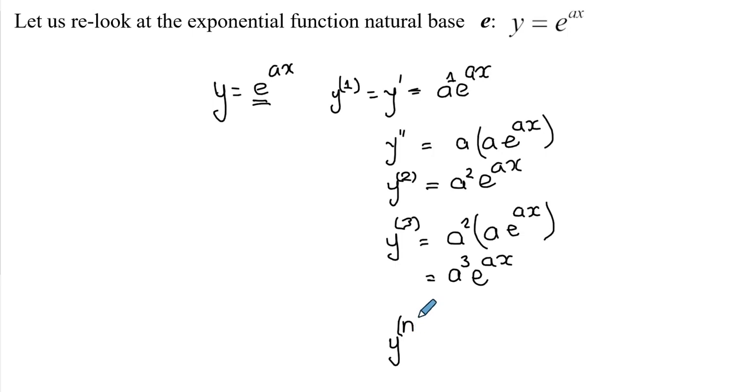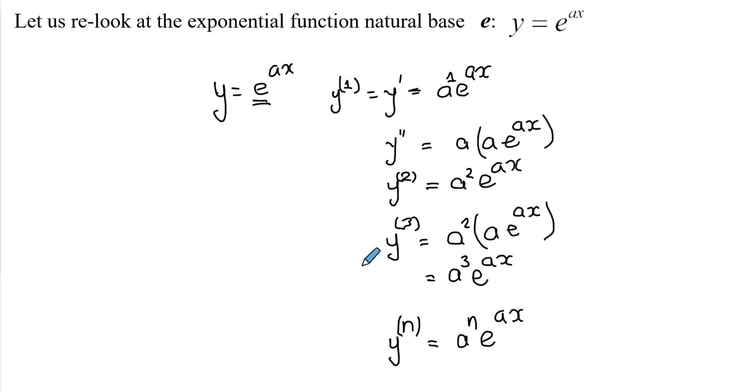The nth order differential coefficient will simply be a to the power n e to the power ax. You can see here n is written with brackets to indicate that this is a differential coefficient, but here n is simply a power, meaning repeated factors of a, repeated n times. That's what it is.